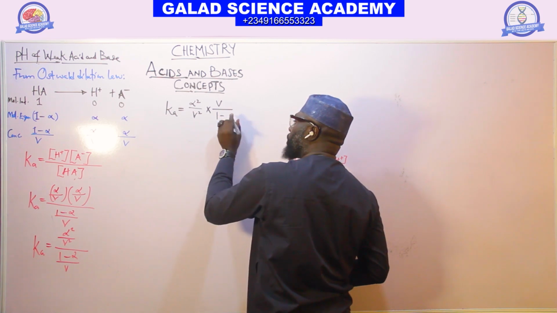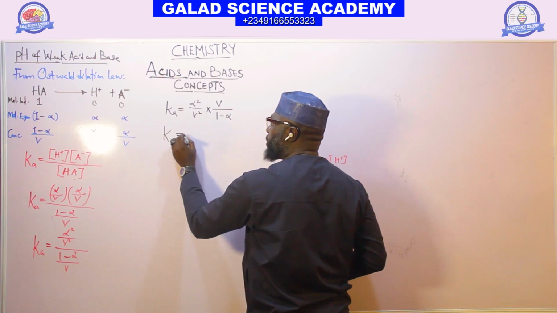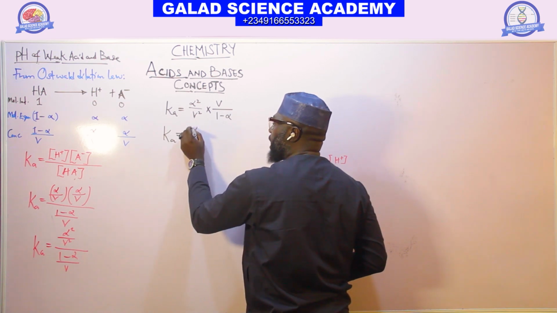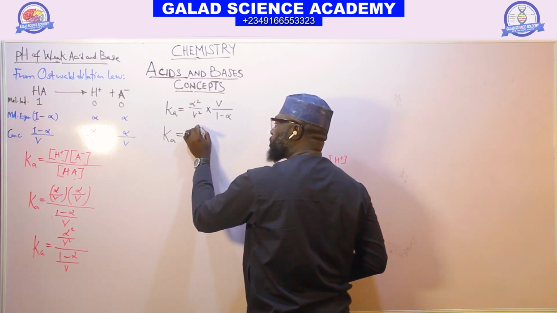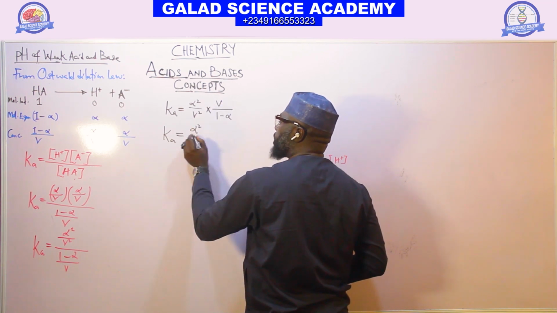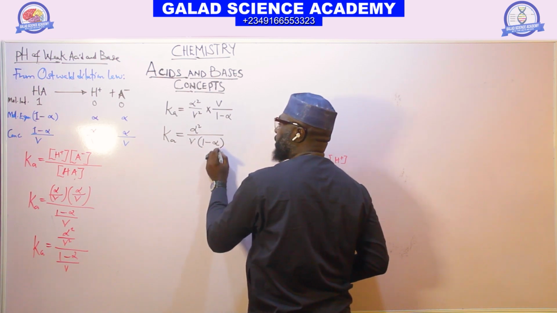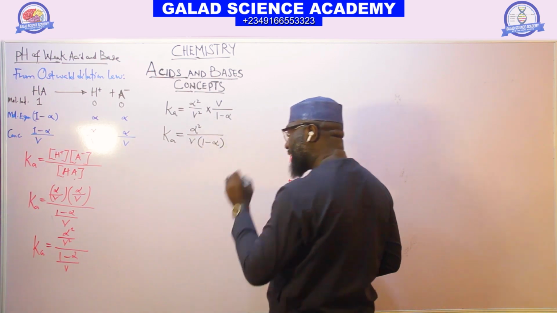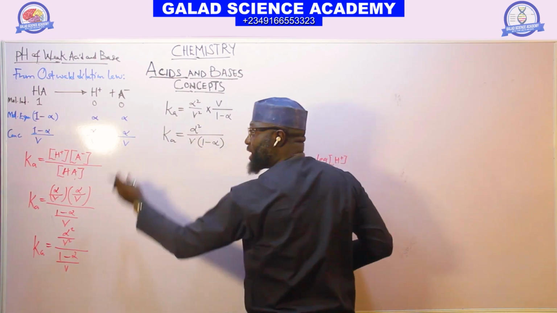At the end of the day, this will cancel one V. Ka will be alpha square V over 1 minus alpha.